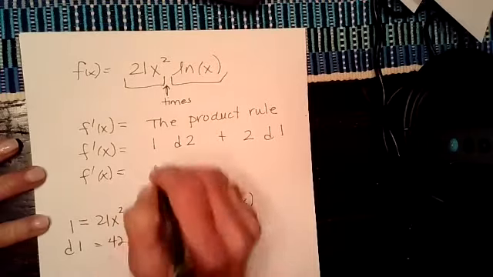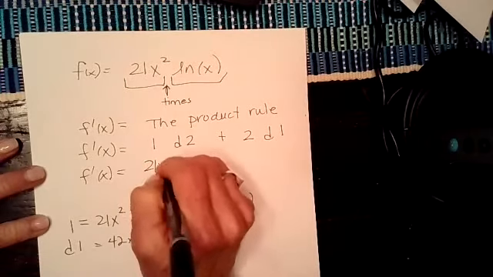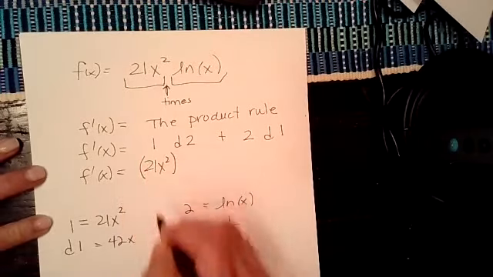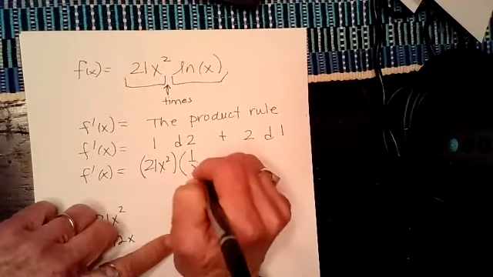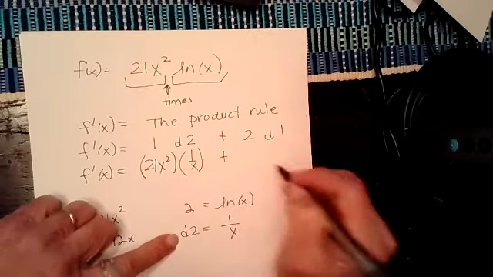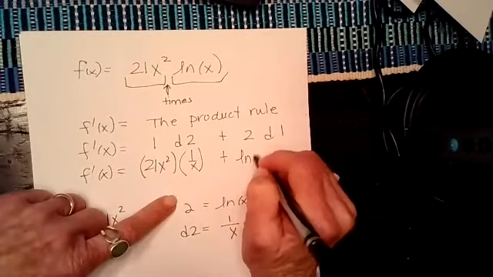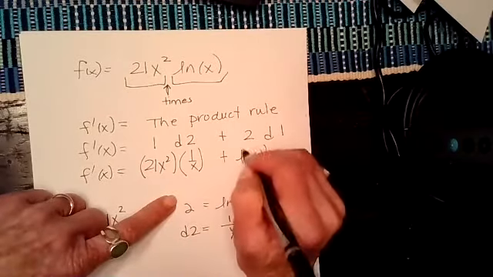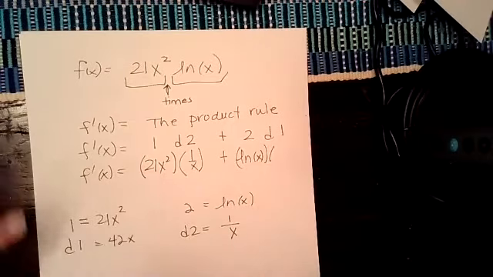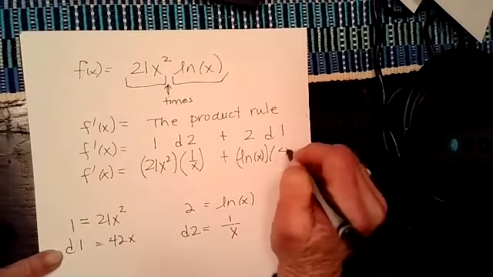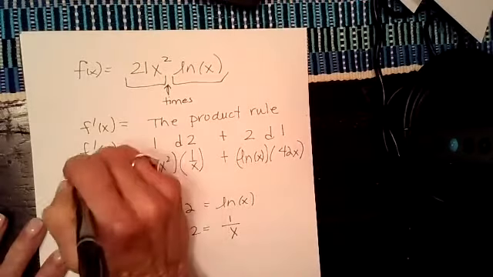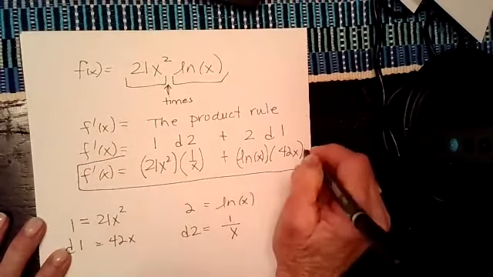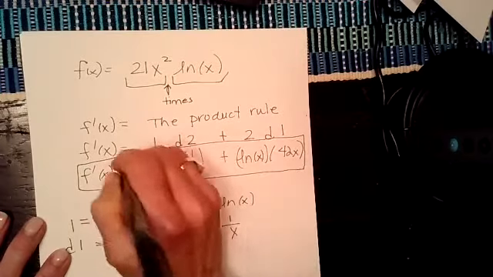So it's my first function times the derivative of my second plus the second function times the derivative of my first. Okay, and I am just going to leave it alone. Will it simplify?